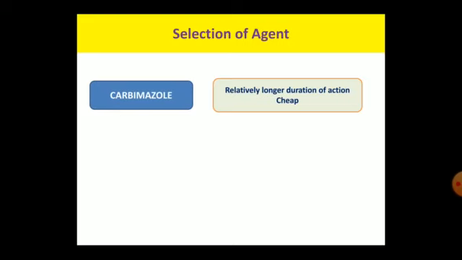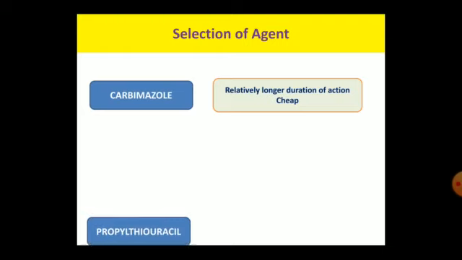I am very intentionally using the word relatively, because propylthiouracil has to be taken 3 to 4 times a day, while carbimazole can be taken once or twice a day. The second difference is that carbimazole is relatively cheap as compared to propylthiouracil, and here cost is a major determining factor because the treatment has to be continued lifelong.